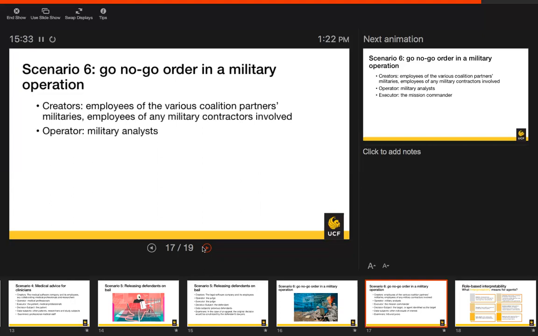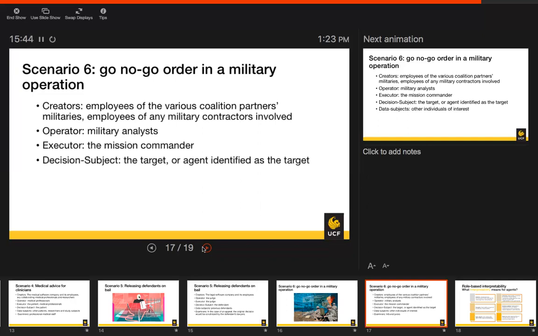The operator would be the military analysts. The executor would be the mission commander, who makes the decision. The decision subject would be the target, or the agent identified as the target.